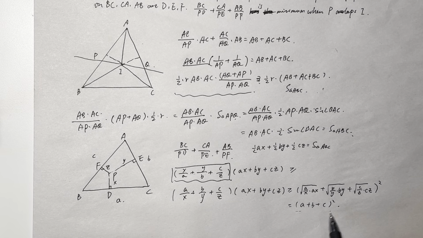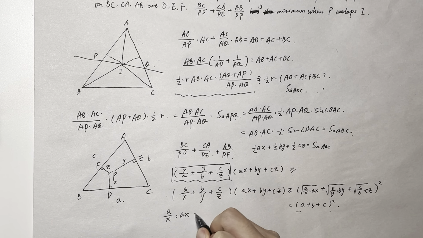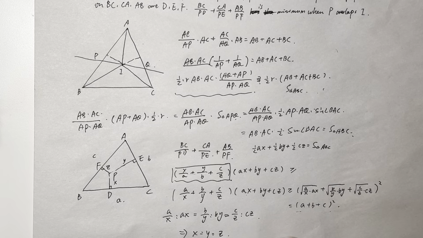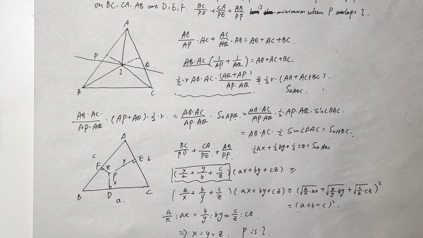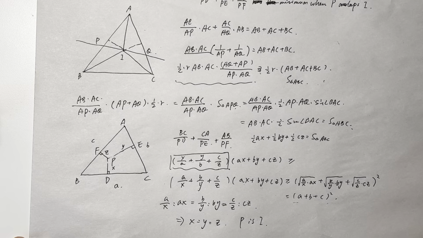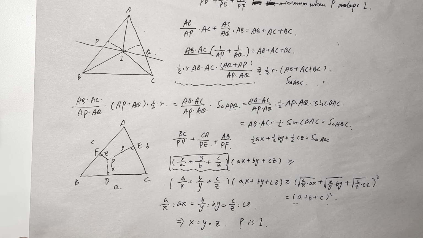And it is true only if a over x over ax equals b over y over by equals c over z over cz, right? Which means x equals y equals z. And under that condition, we know that P is I. P is point I.